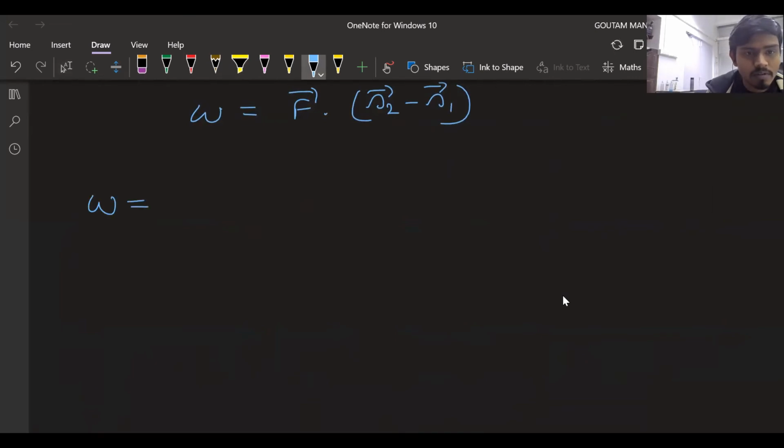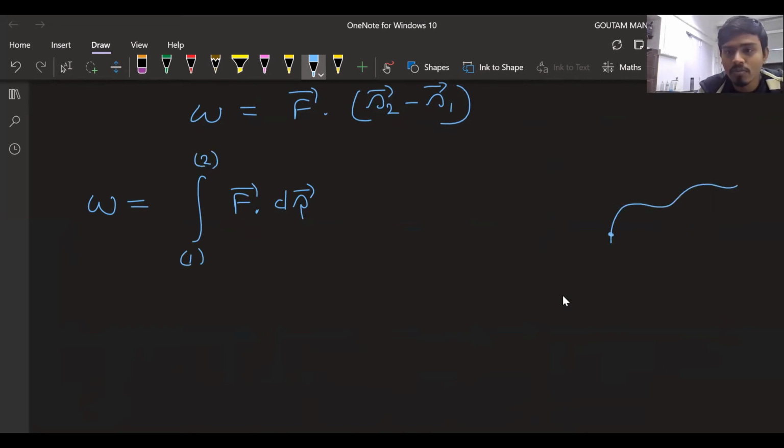So now what we have is W equal to integration of F dot ds from, let's say, point 1 to point 2. So let's say throughout this path it goes from point 1 to point 2.